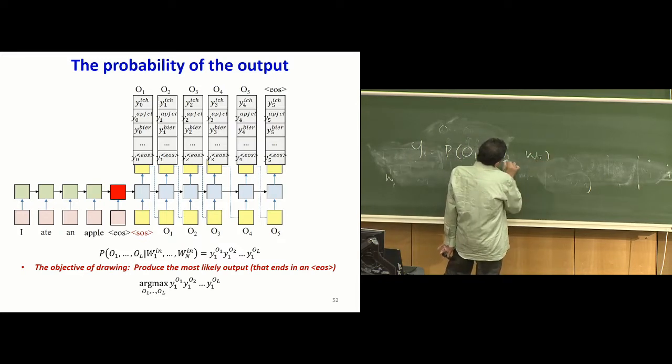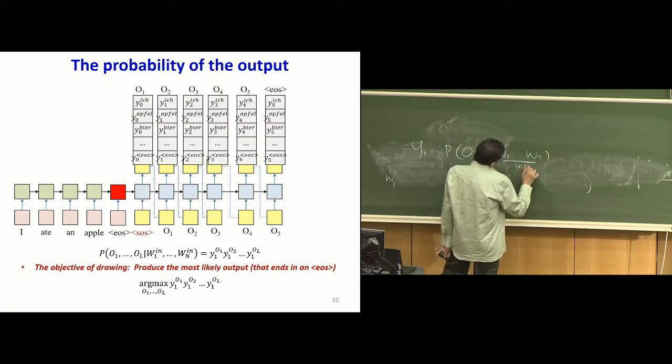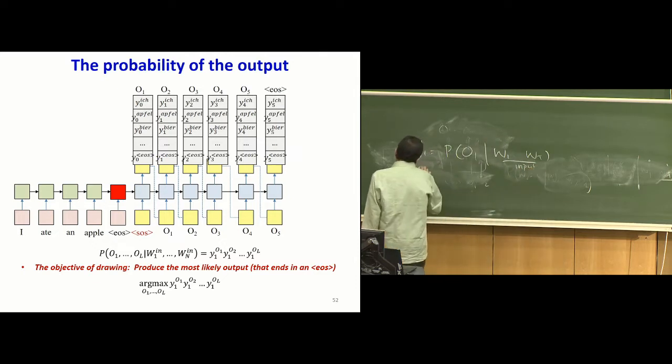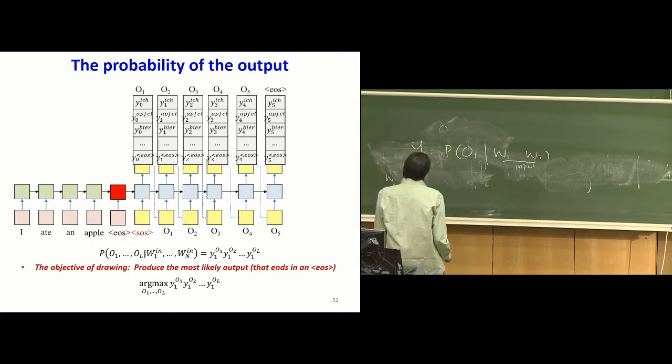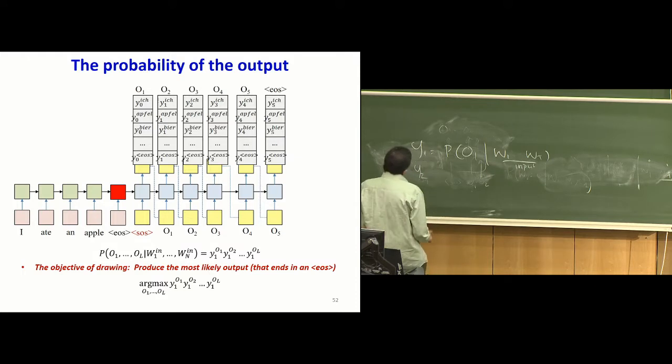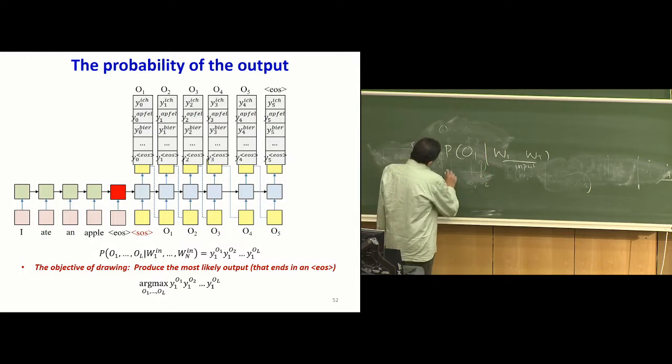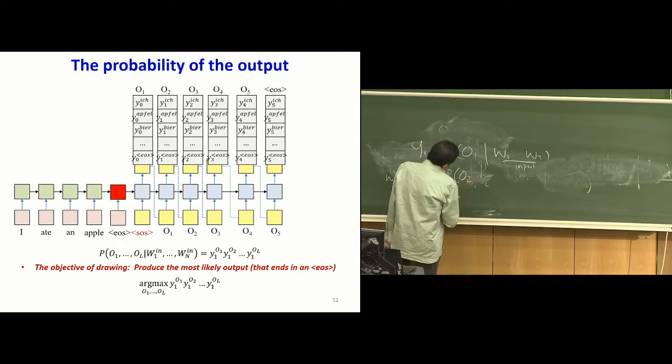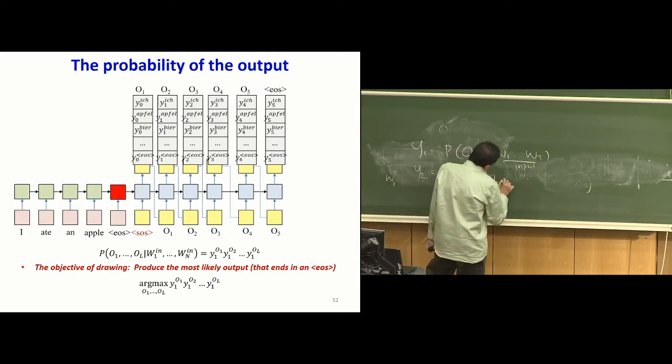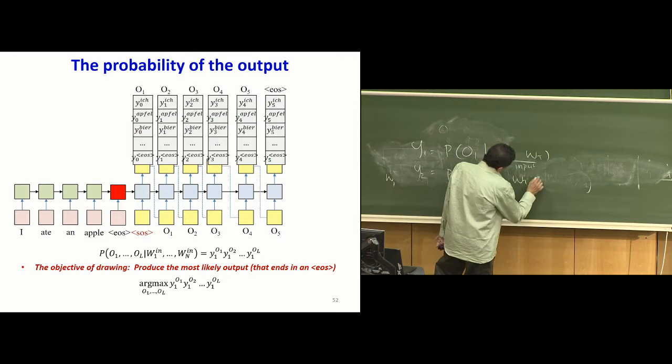These are the inputs. Y2 is going to be the probability of O2 given W1 through WT and O1.